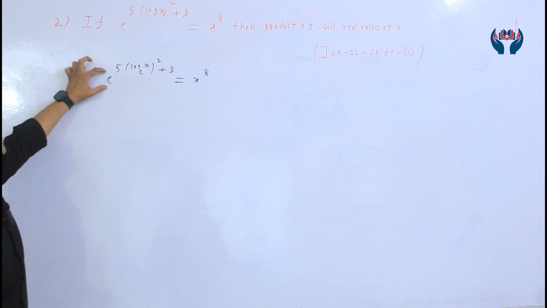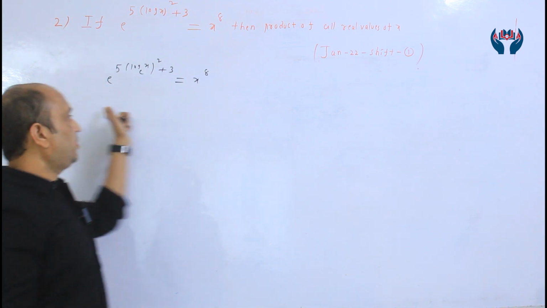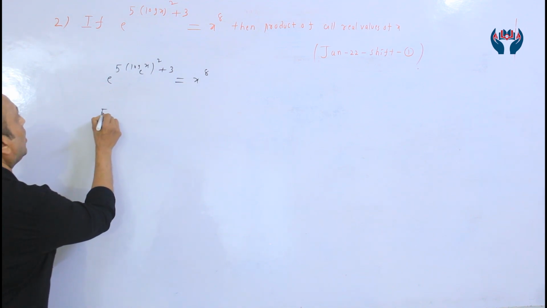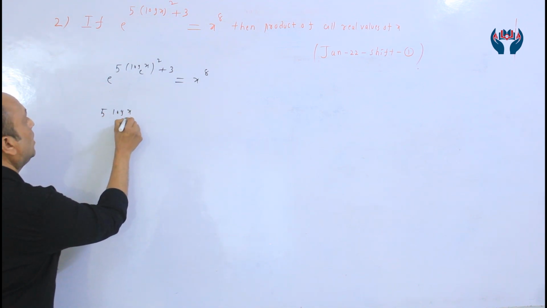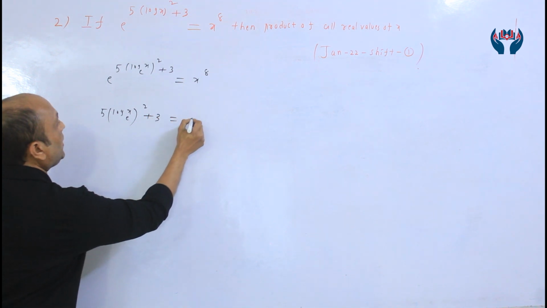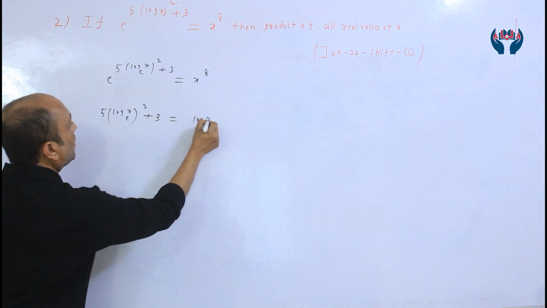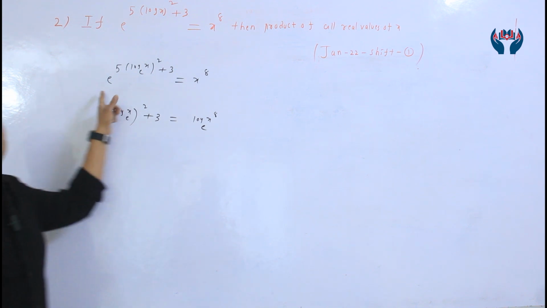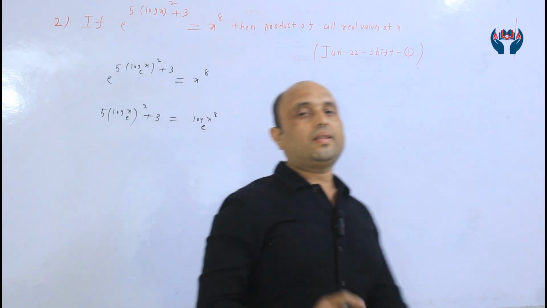So now, set e on that side, then it becomes log: 5 (log x base e)² + 3 equals log x base e to the power of 8. Sending e to that side, we get the log.